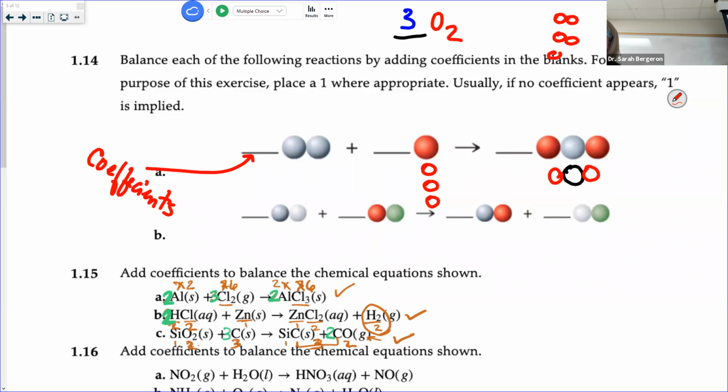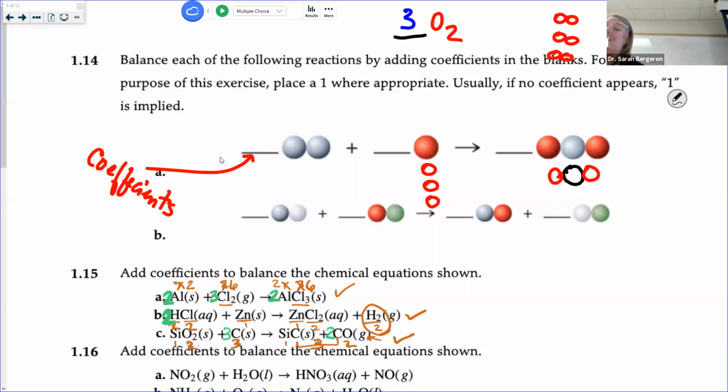I have 3 molecules for a total of how many oxygen atoms? 6. So 3 times 2 is 6. So that's how the coefficient works. Does that make sense? So what coefficient should we put in front of the first reactant, the gray spheres?